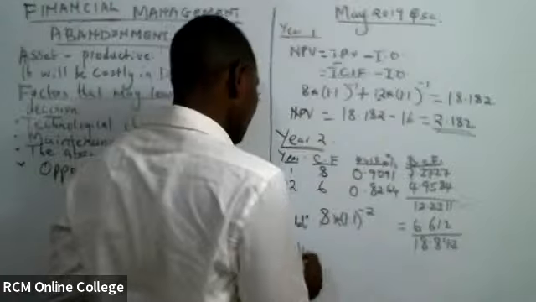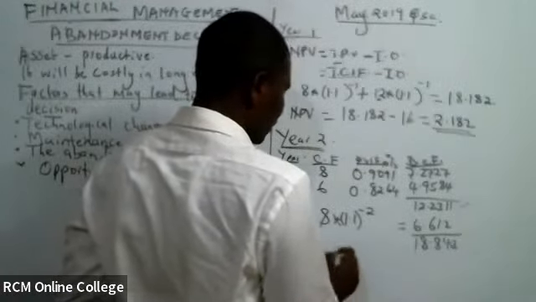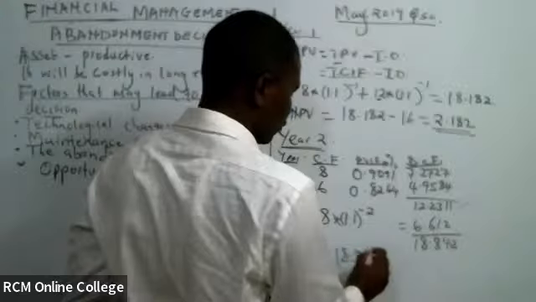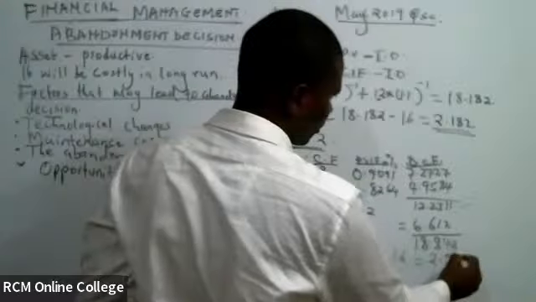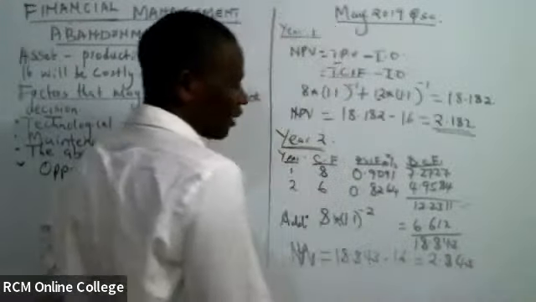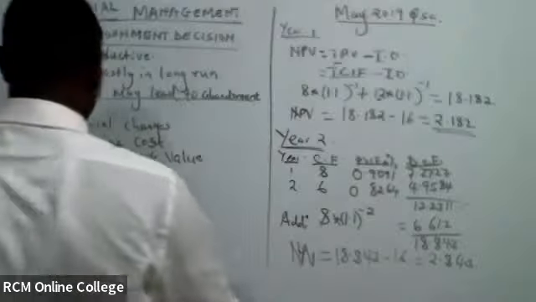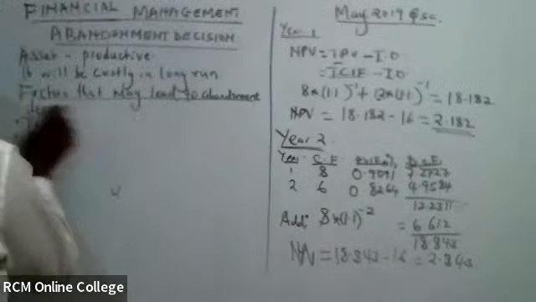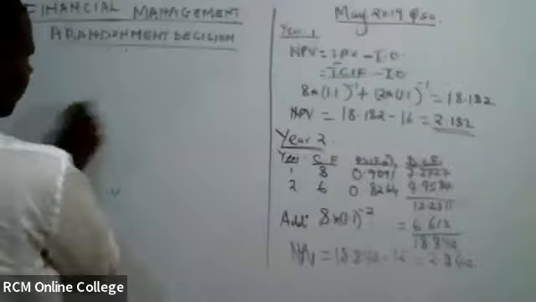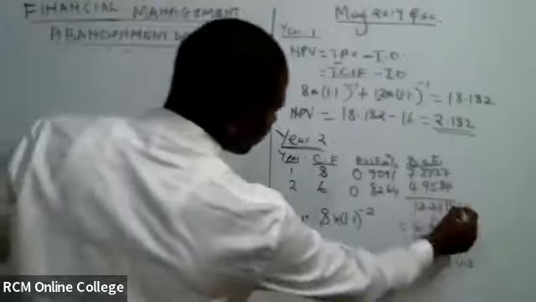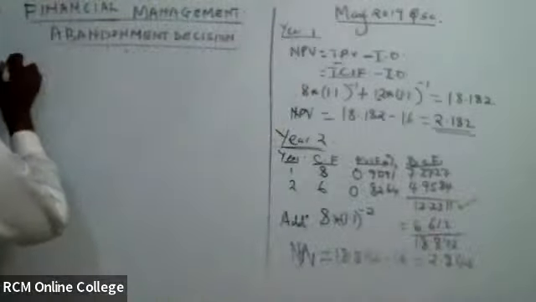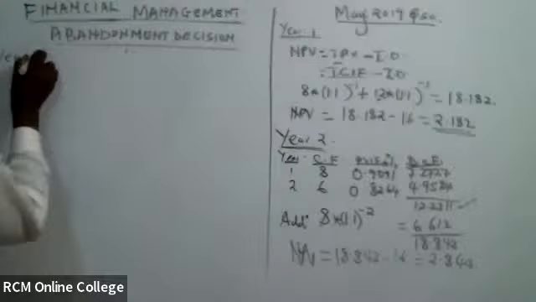So if I want to get the NPV at that time, it is 18.843 minus 16. This will give me 2.843. So class, if I go to year 3, I'll not keep on repeating. I know the result for the 2 years, so I don't have to repeat.